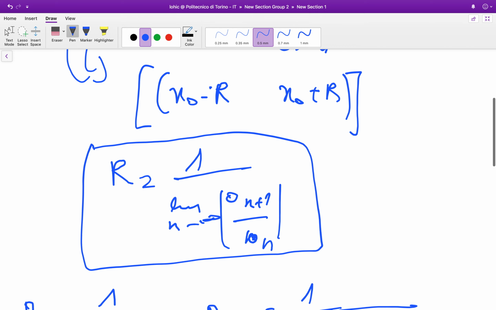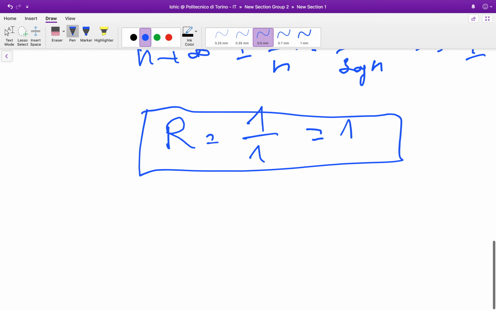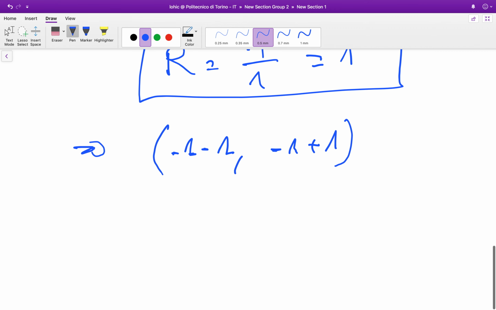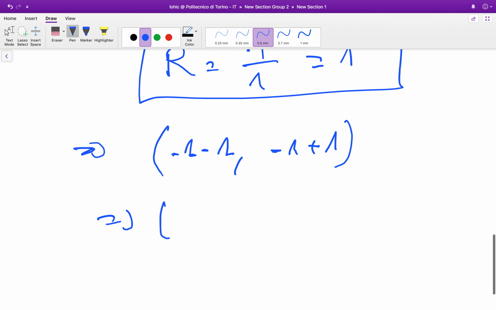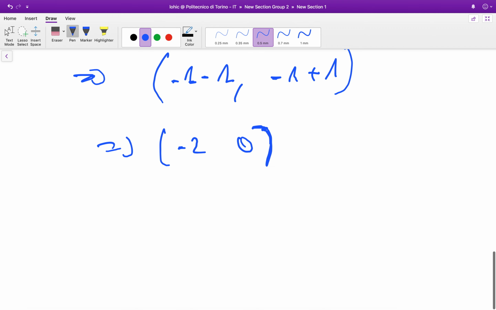Is that clear? So going back, we are sure that this power series converges absolutely in the interval center minus radius, so -1 minus 1, comma, -1 plus 1. So it converges absolutely in the interval -2 to 0, right?